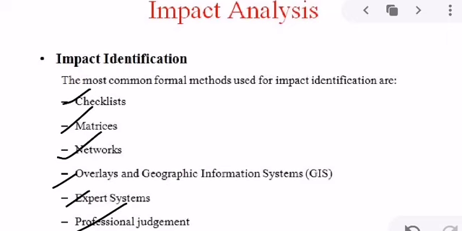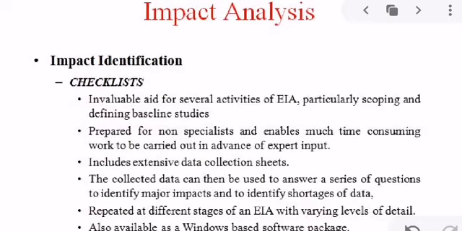Okay, so we will move to checklist. A comprehensive and user friendly checklist is an invaluable aid for several activities of an EIA, particularly scoping and defining the baseline studies. Thus, that is where the checklist is being used more.